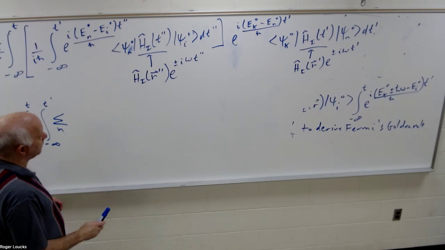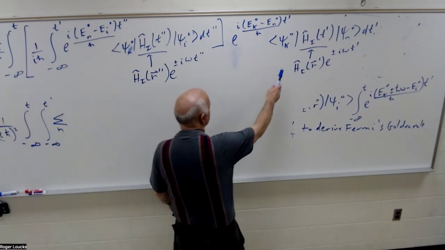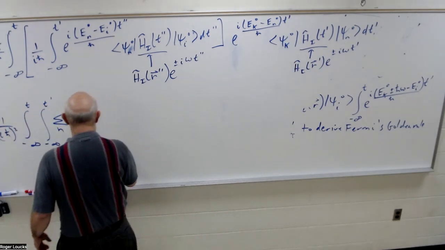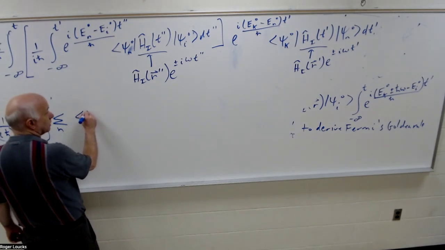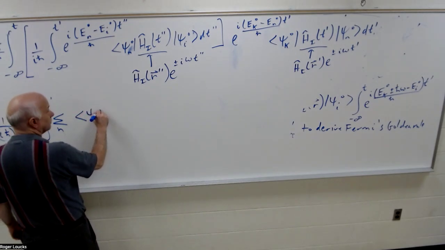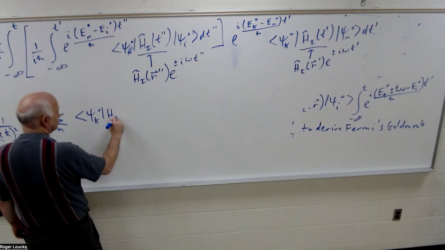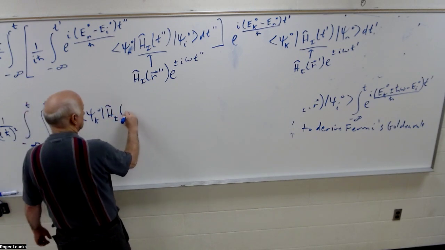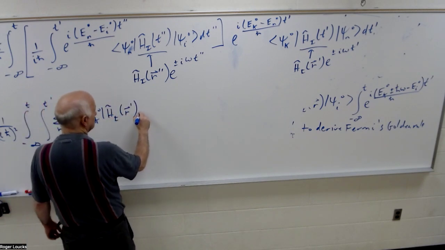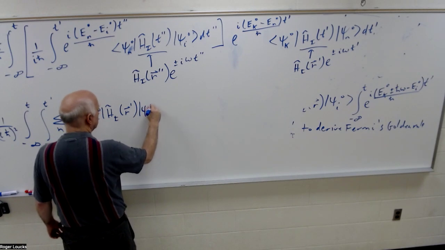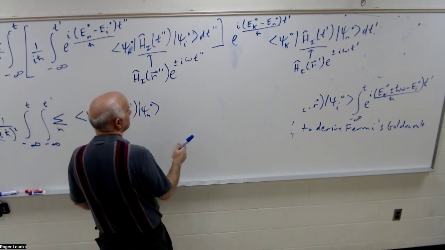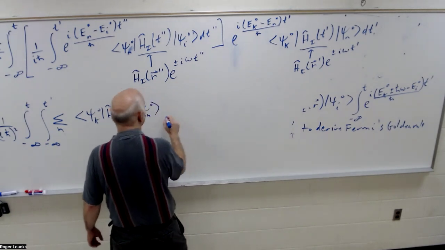I'll put this term first: psi k0, H_i of r prime, psi n0. Now put this piece with this piece.